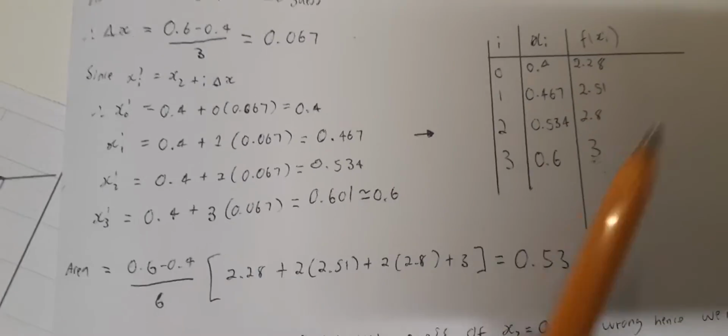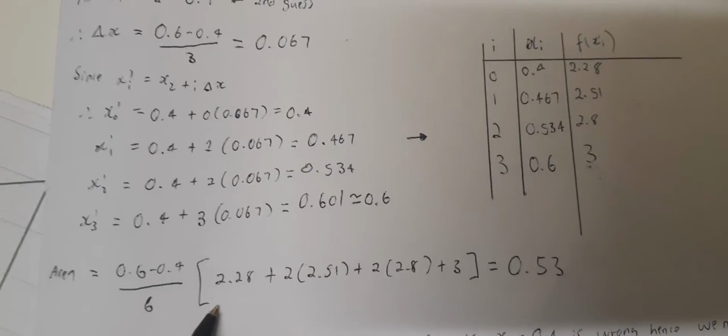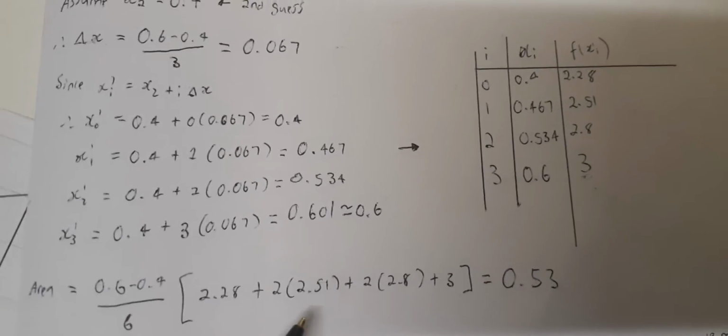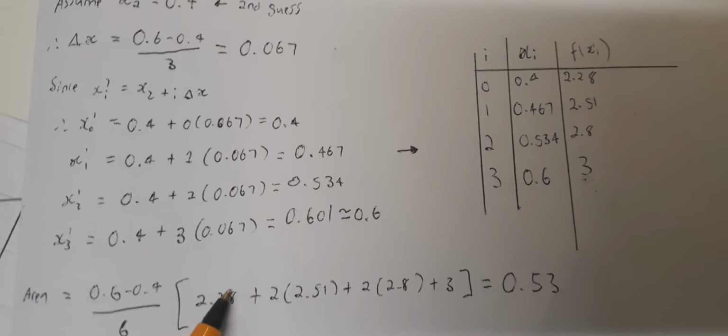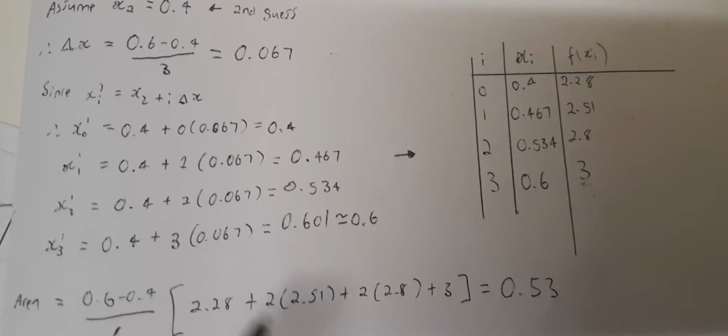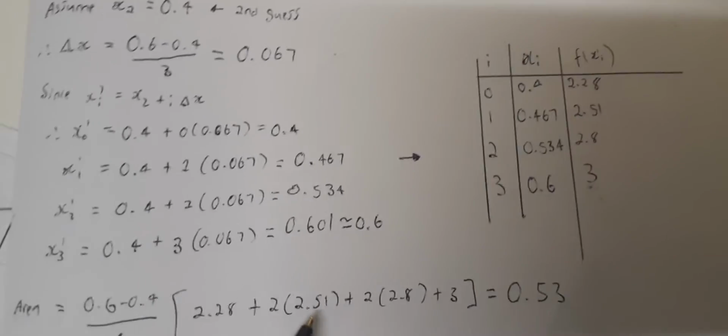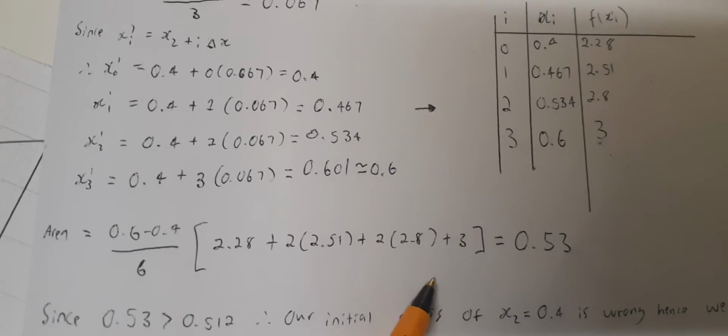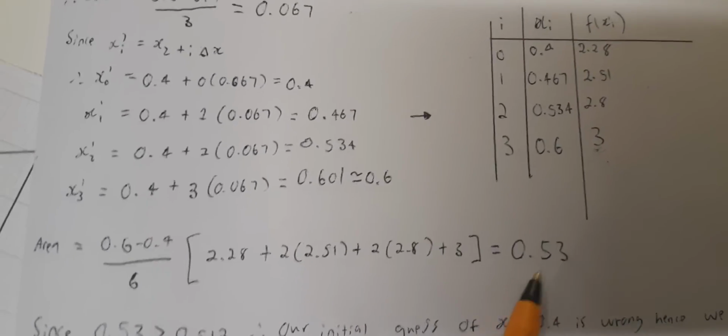We substitute these values: f of x0 is 2.28, and then we have 2 times f of x1, etc. We plug these values in, and when we calculate, we find the area to be 0.53.